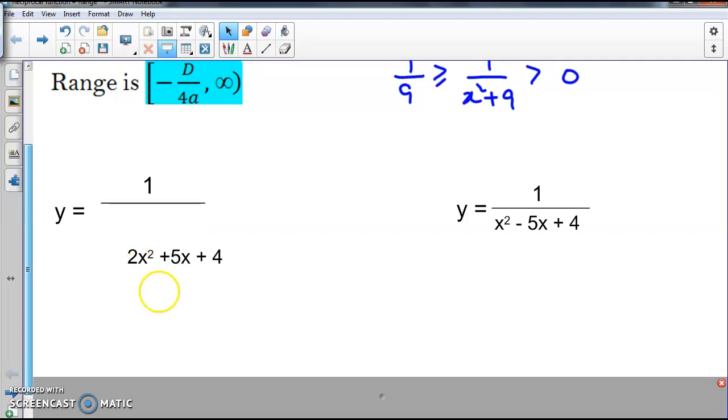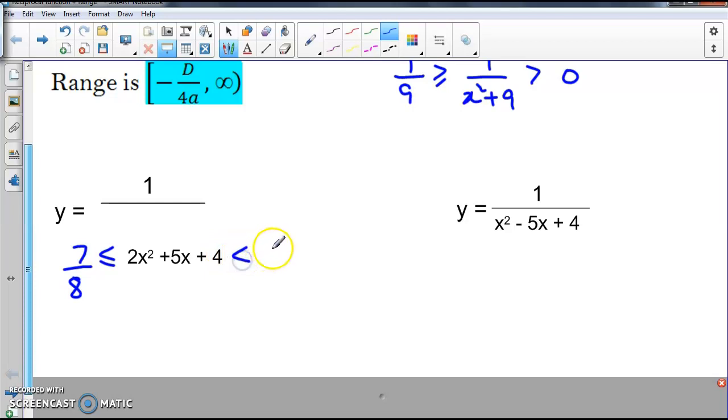So range is from minus D by 4a to infinity. Find D. D is coming out to be 25 minus 4ac, which is 32, that is minus 7. So minus D by 4a is 7 upon 8. So 7 upon 8 is less than or equal to 2x square plus 5x plus 4, less than infinity.